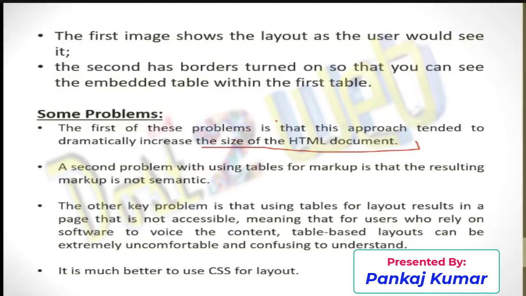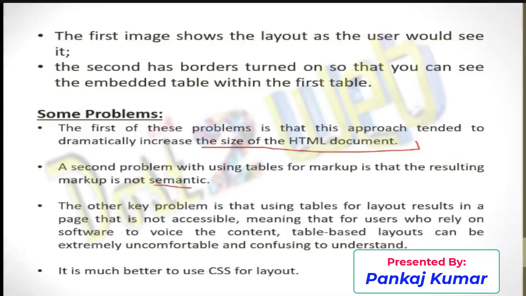The second problem is that when you use tables for layout, the resulting markup is not semantic. We have learned about semantic markup; this will not be semantic. Another problem is that when you use tables for the layout, the page is not accessible, meaning we have to rely on some software.